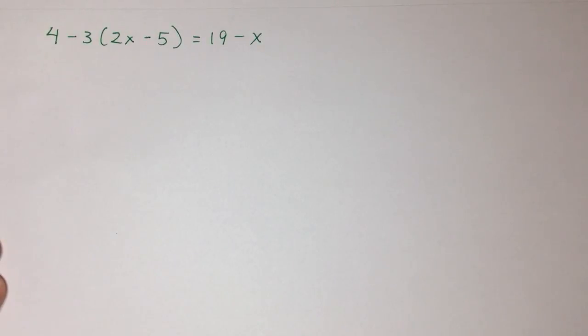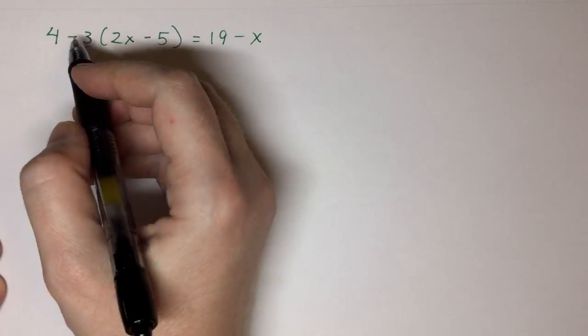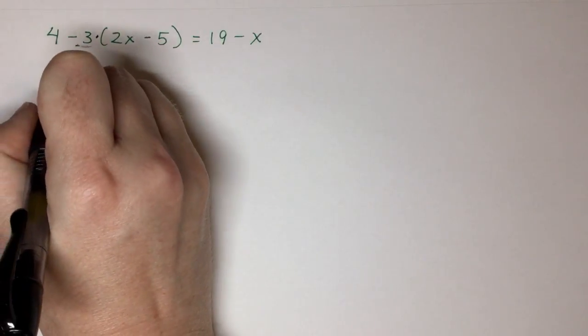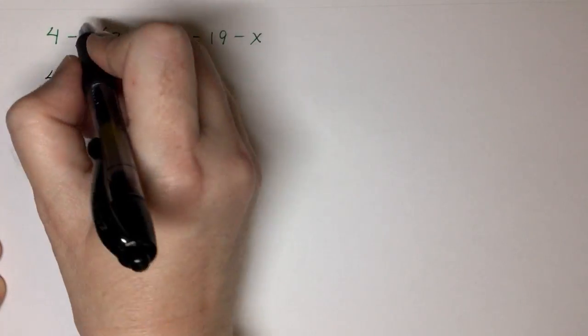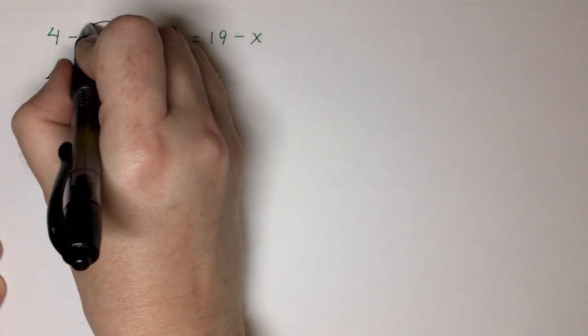So, first step, we've got parentheses. I need to be sure each side is simplified before I go any further. I'm going to need to distribute that negative 3. Multiplication comes before addition and subtraction. So the 4 comes down. Negative 3 times 2x is negative 6x.